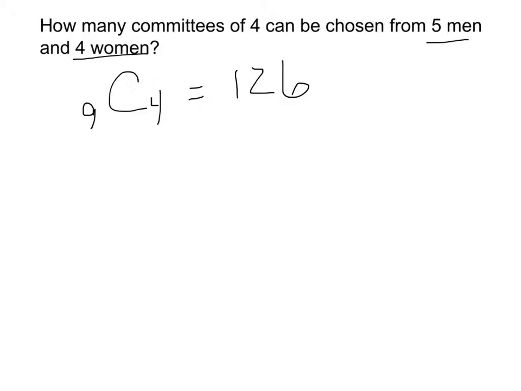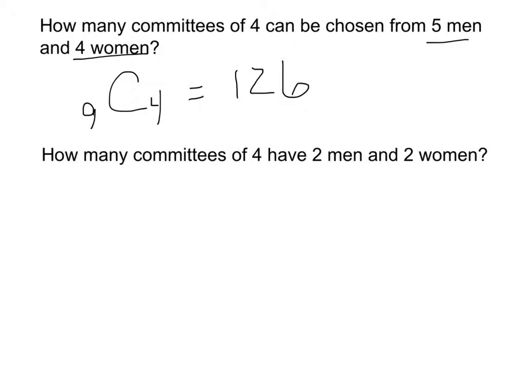Okay, so now what I'm going to do, I have a committee of 4 again from the same group of 5 men and 4 women, but this time I want specifically 2 men and 2 women on the committee. So what you need to keep in mind here is that you're going to be choosing 2 men, but you can only choose the 2 men out of the 5 men that are in the group.